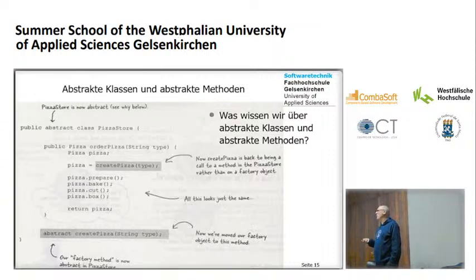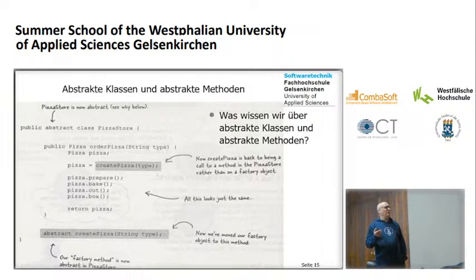We move the factory object into this method. So we give it a string which contains the type of pizza we want to create, and then we have to implement this create pizza method, this abstract method, somewhere. Let's look now. Do you know the difference of what abstract means? Abstract class, abstract method.